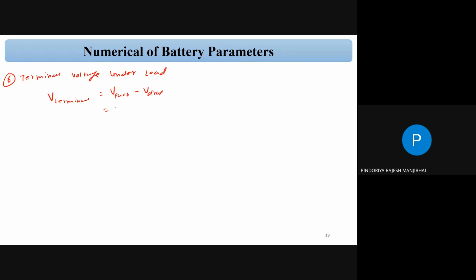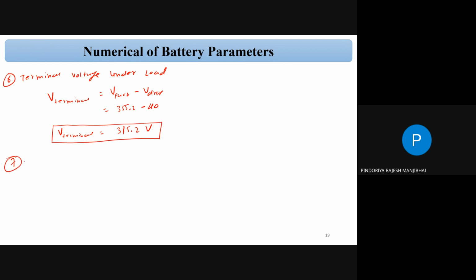V peak we already calculated, it is 355.2 minus voltage drop. How much voltage drop? It is 40. So V terminal is equal to 355.2 minus 40, so there is 315.2 volt. This is the terminal voltage under the load condition.